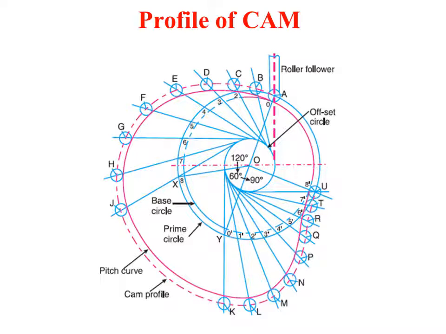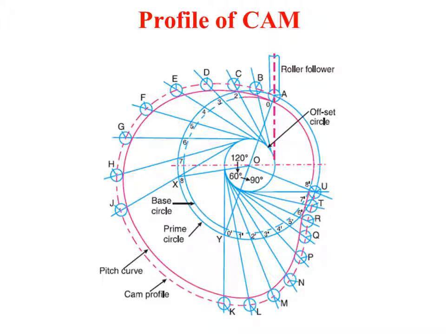So after doing that, that will complete the displacement diagram. Next, we need to draw the profile of the cam when it is offset by 20 mm. As this is a roller problem, first we need to draw the base circle, and the base circle is given as 50, so the radius is 50 mm. As here the follower type is roller type, we need to draw the prime circle. The prime circle radius is the sum of the radius of the base circle and the radius of the follower.